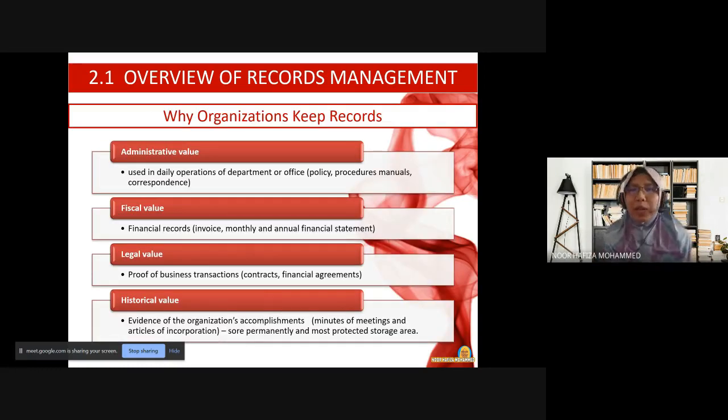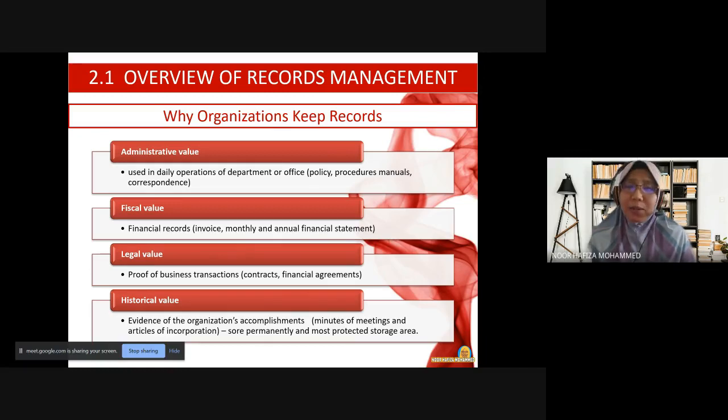Okay, so now we are going to go into detail about these values. The first one is administrative value. Administrative value is usually used in the daily operations of a department or office, for example, the policy, the procedure manuals, and also the correspondence. Okay, and then number two, organizations keep records because of the fiscal value.